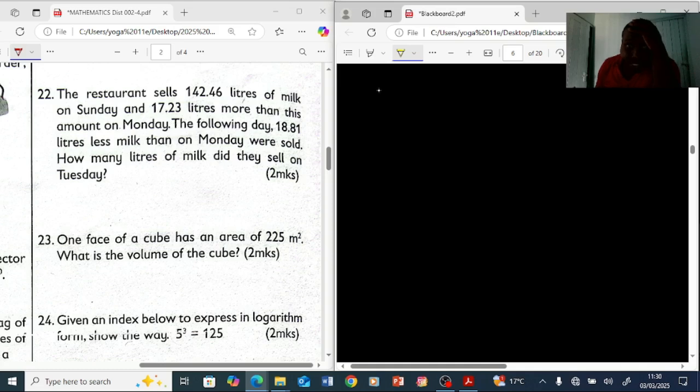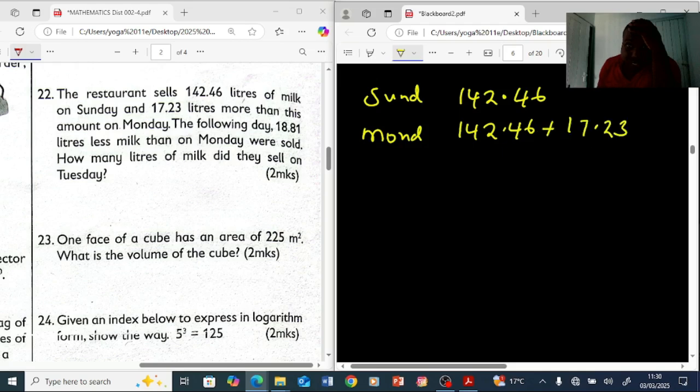So on Monday, if Sunday is 142.46, then Monday, because there was 17.23 more, it is 142.46 plus 17.23. That's on Monday.